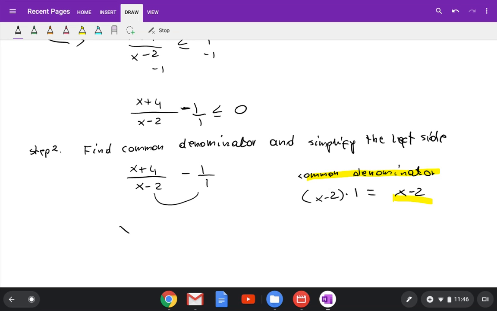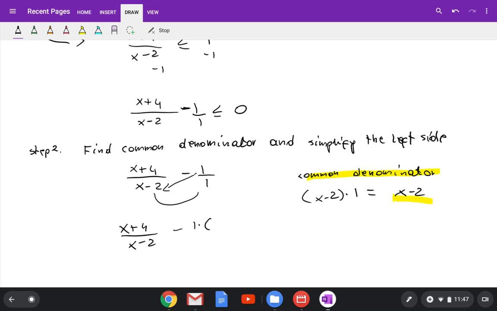So x plus 4 over x minus 2, since we already have that x minus 2 right here, minus, and then in the second fraction to get that common denominator, that works similar to cross multiplication. You multiply 1 by x minus 2.